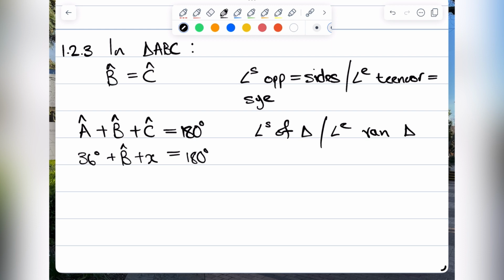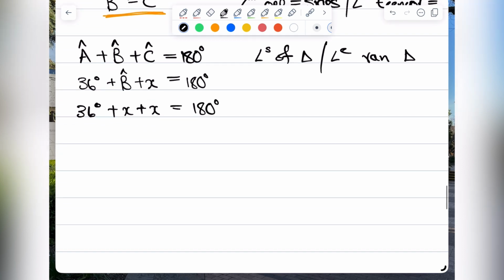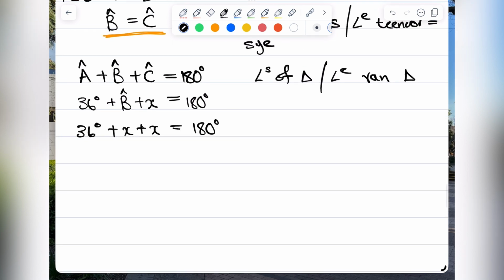But because we stated here that angle B is equal to angle C, it means that angle B must also be x. So that means if I can just continue and rewrite this, 36 degrees plus x plus x is equal to 180 degrees. So now our equation is starting to take shape, and it is going to lead us to find the value of x.